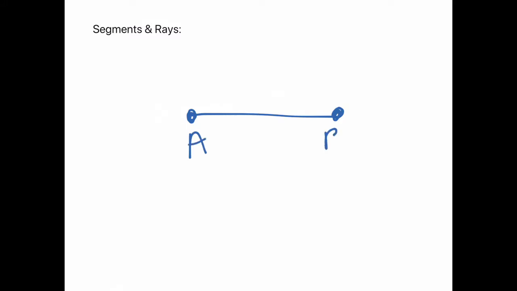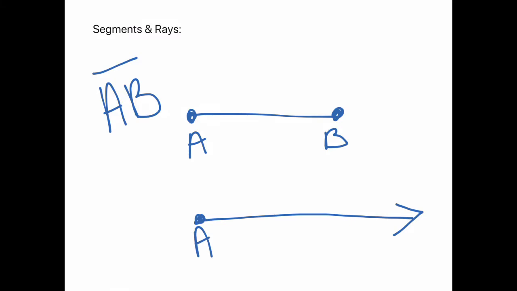And you can call that segment AB or you can call it BA, either way you want to use. And when you write it down, you will write AB with just a line without arrows. And that's how you note that it's a part of a line, it's a segment. So a ray is part of a line that goes from 1 point and it goes forever in the other direction.